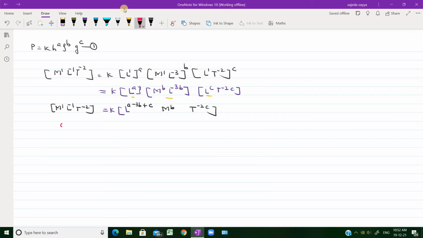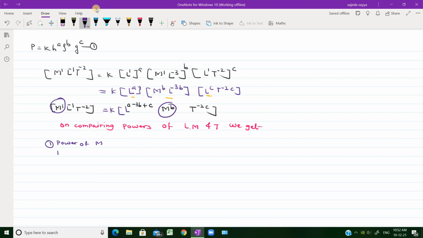On comparing powers of L, M and T, we get, first, power of M. These are the M terms, so power of M, LHS 1, RHS B. Therefore, it gives us B is equal to 1.